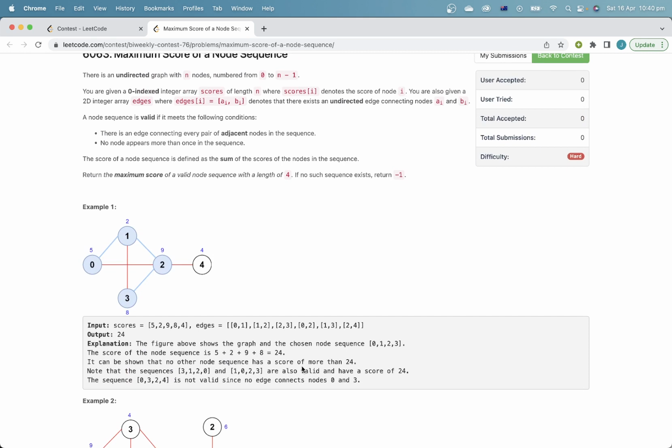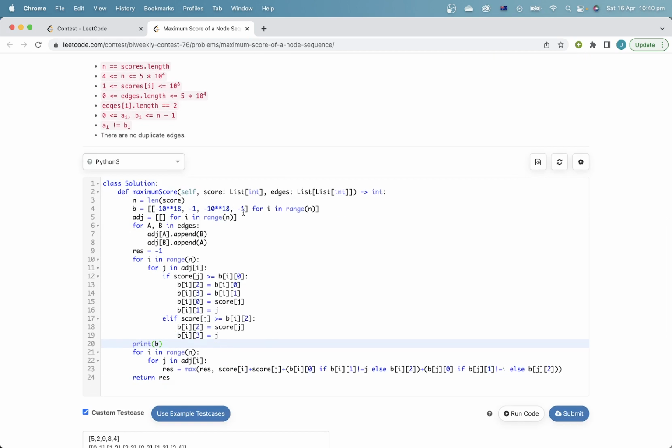I think I need to think about this a bit. So for each node, I need to store them. I'm going to store 4 times the amount, I think.